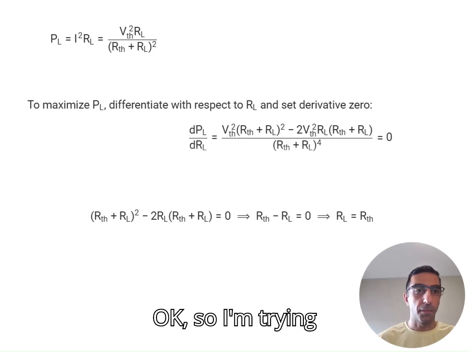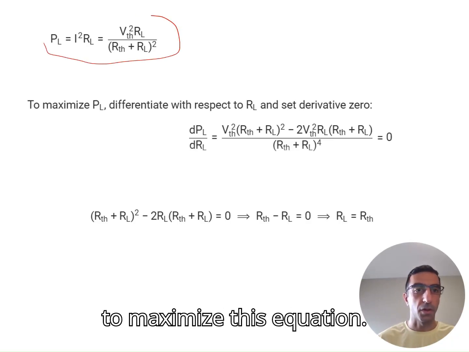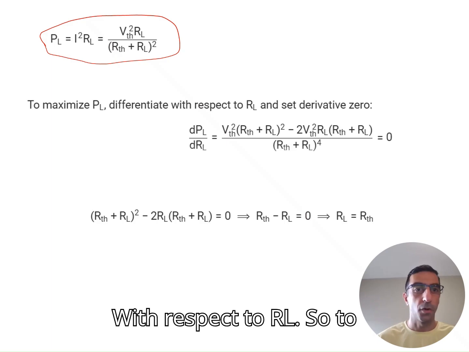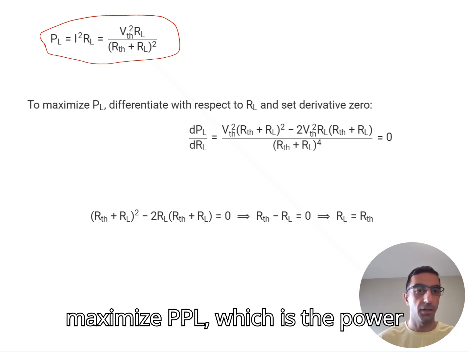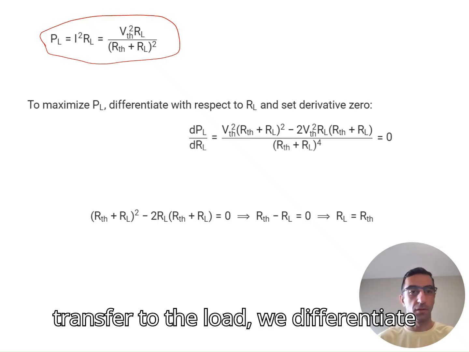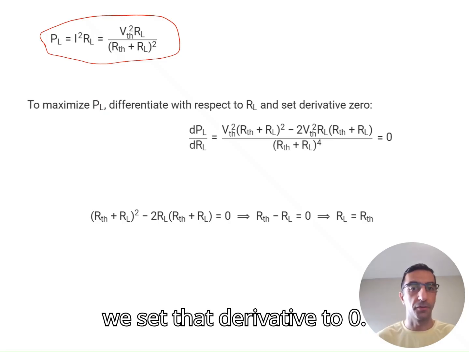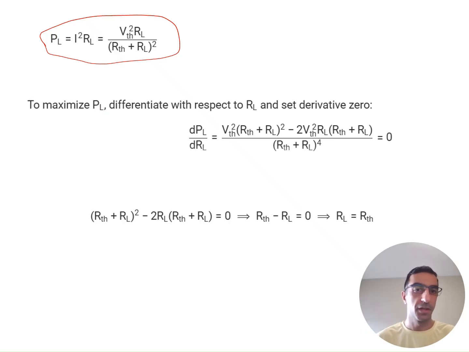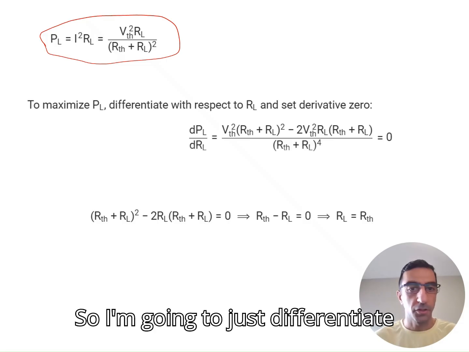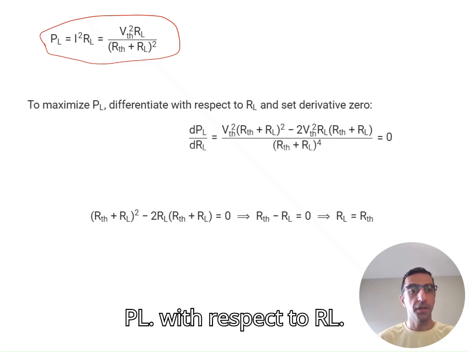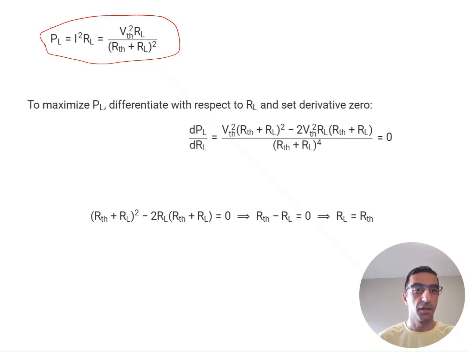I'm trying to maximize this equation with respect to RL. So to maximize PL, the power transferred to the load, we differentiate with respect to RL and then set that derivative to 0. I'm going to differentiate PL with respect to RL.